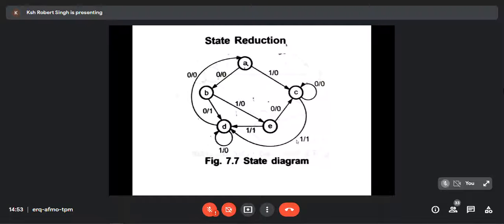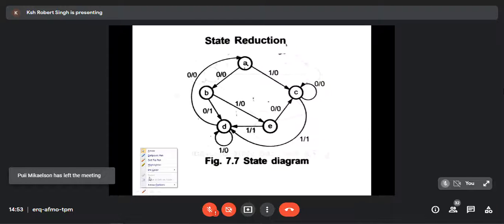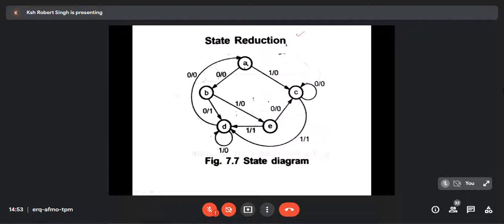Now, for example, I am giving this particular state diagram in the exam, and I ask you to implement a sequential circuit, a Mealy circuit.